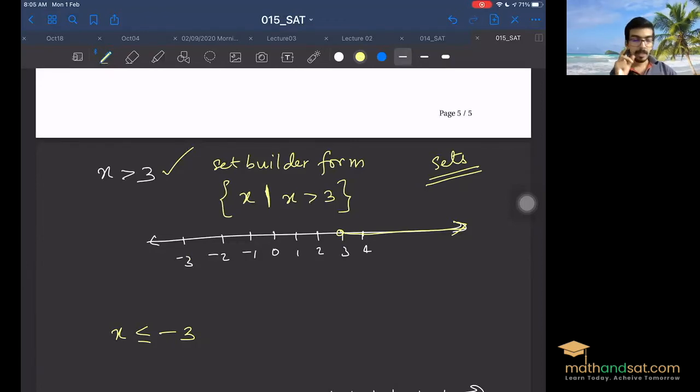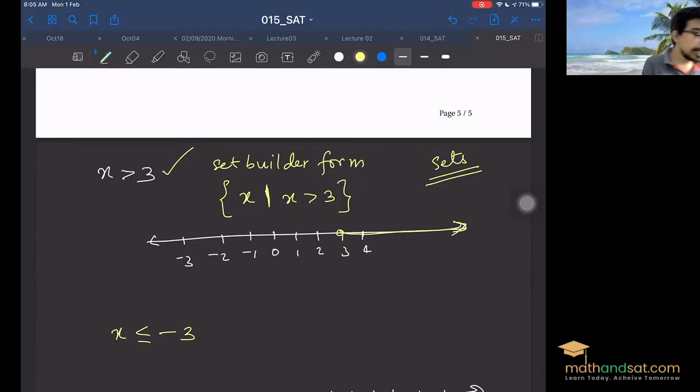What does that mean? It consists of a set of numbers, a collection of numbers. This collection of numbers will be such that they are all greater than 3. That's all. One thing I want to reiterate is any number greater than 3 does not only include the integers, they can be any rational number or irrational number.